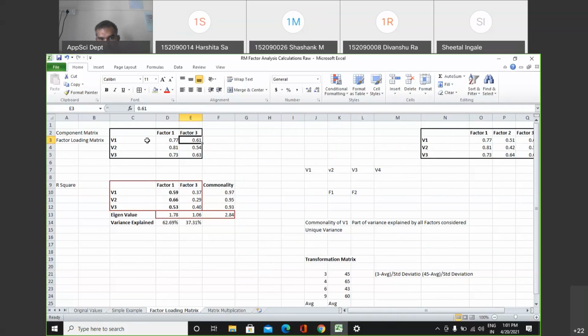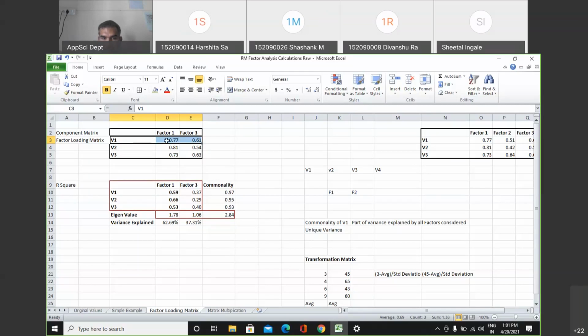So including factor 1 and factor 3, we can sort of make a regression equation to explain variable 1. That is why in some books you will find, very hazily, they mention that factor analysis has regression as its backbone or as the underlying process, without explaining what it means. But this is what it means.